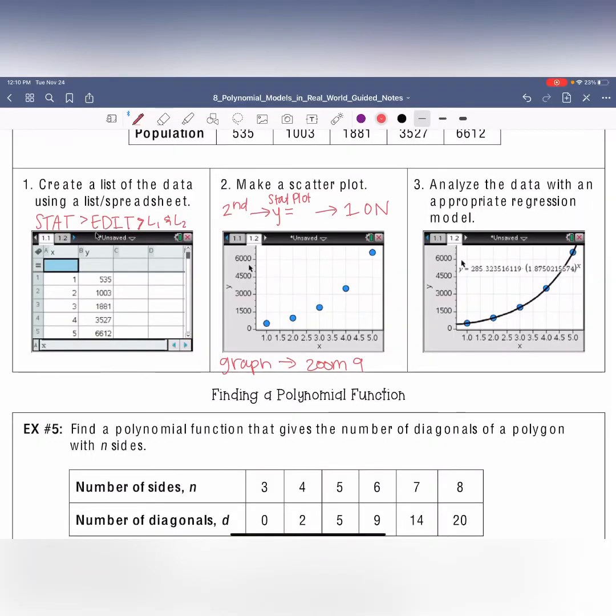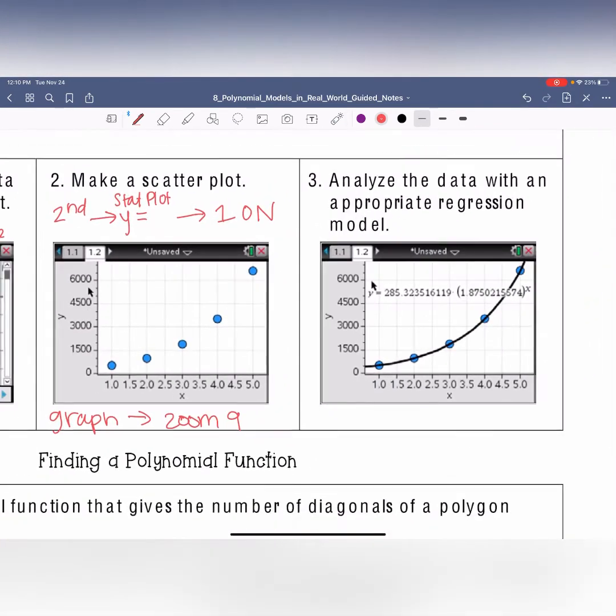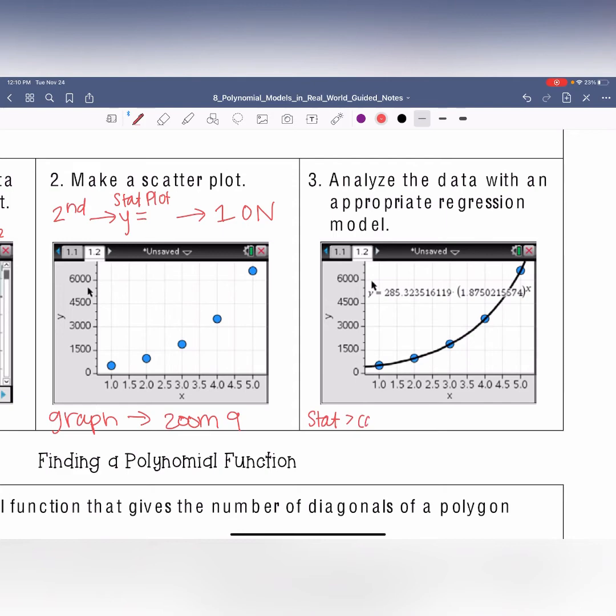All right, I'm going to remind you how to calculate these regressions. To calculate a regression on our calculator, we're going to go to stat. Now you're going to go over to calculate, and then we go to regression. So you're going to pick whichever regression.